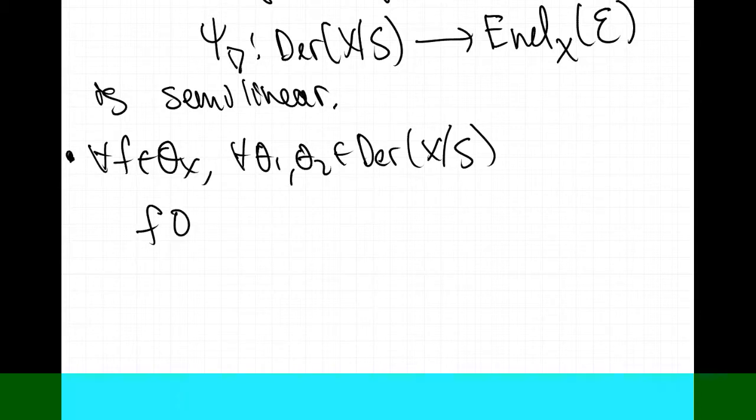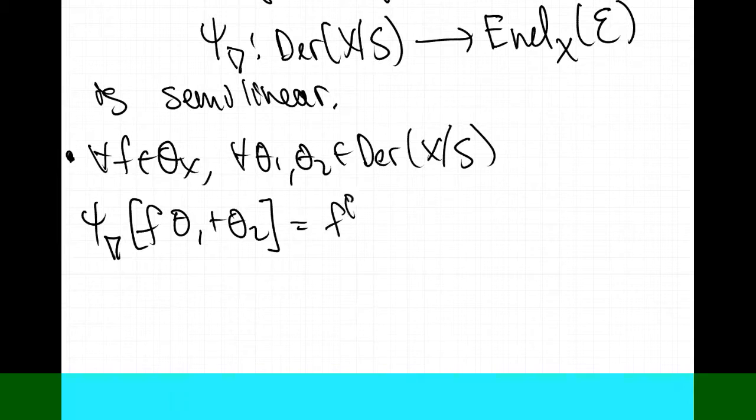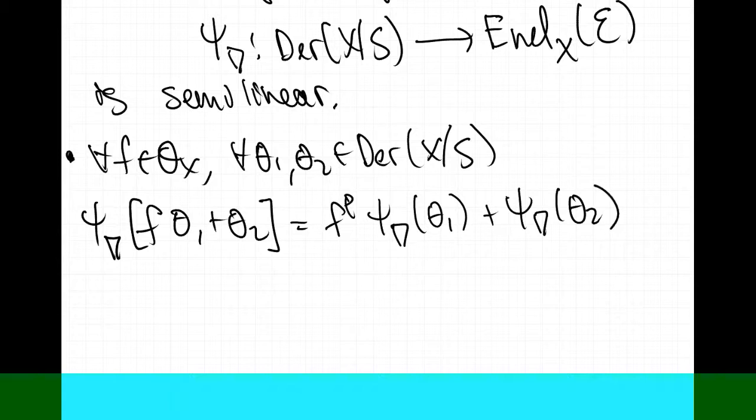This is going to be equal to f to the p times this thing here. So we're going to have this type of linearity here. It's going to break up under addition, and then we're going to be able to pull out constants like pth powers.